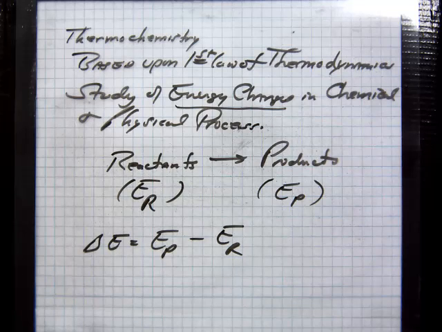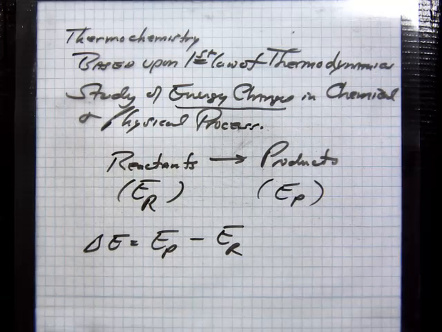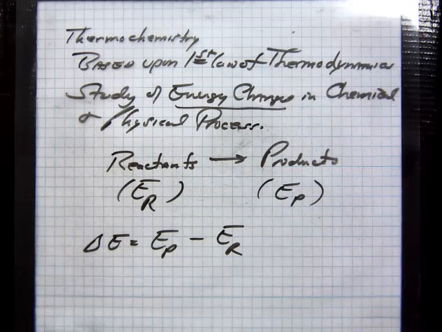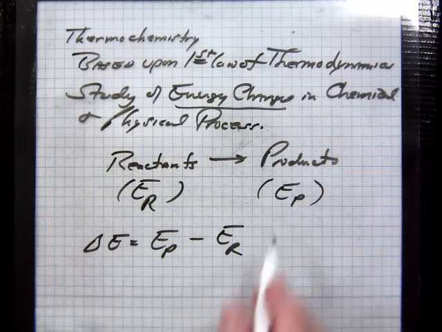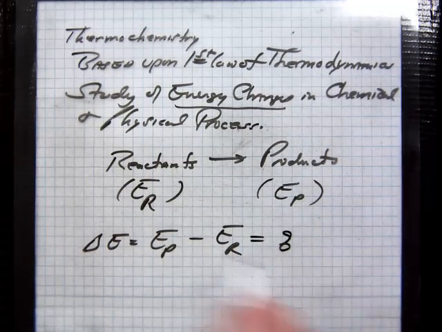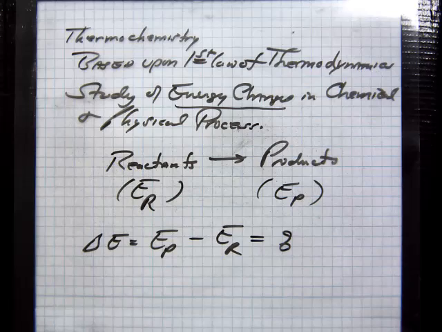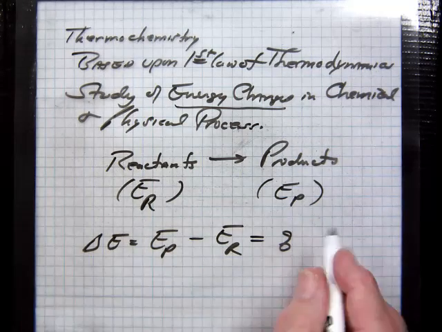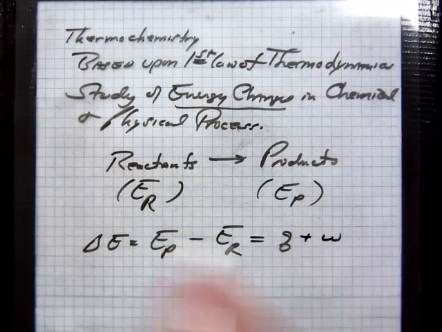Well, in the world of thermodynamics, it can be shown that this change in energy depends on two issues within a chemical process: heat and the capacity to do work. That is, a change in energy is equal to the heat of reaction, Q, how much heat is given off or absorbed by the process, and includes work.